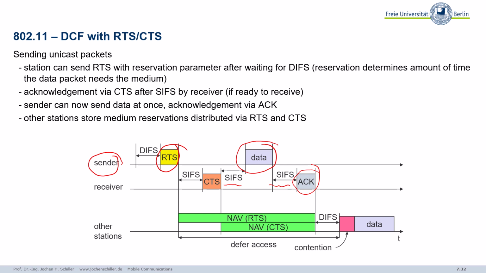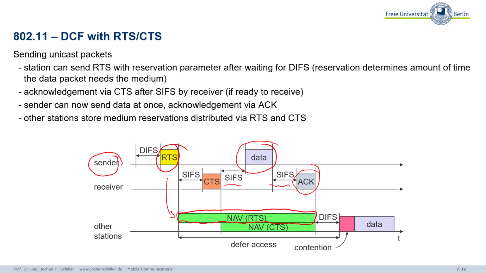Additionally, the other stations store a so-called network allocation vector, NAV. What does it mean? As soon as you hear that there's a communication going on, you can internally store that the medium is blocked for a certain time until the communication is over. We learn this by looking at the RTS and CTS packets. This could be different stations, remember, hidden and exposed terminals.